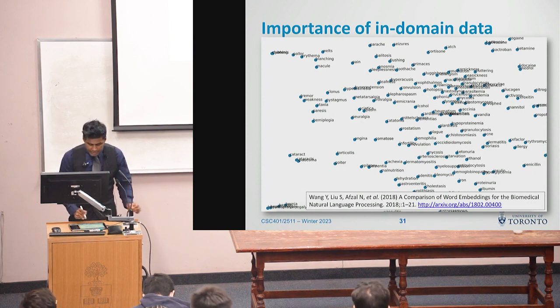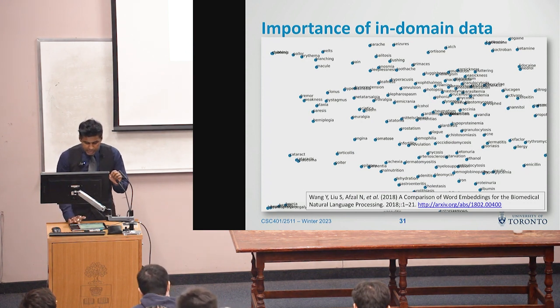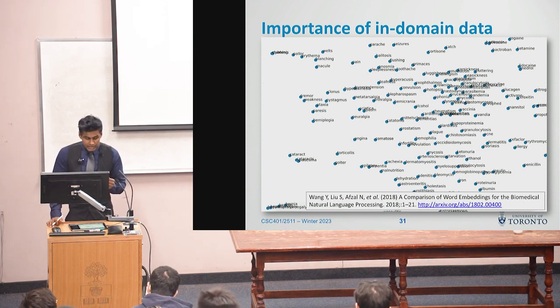For example, they trained on only medical journals, EHR, and medical reports. They showed that embeddings trained only on medical records do a better job at capturing semantic similarities for medical terms as opposed to the same word embedding trained on generic data like Google News.